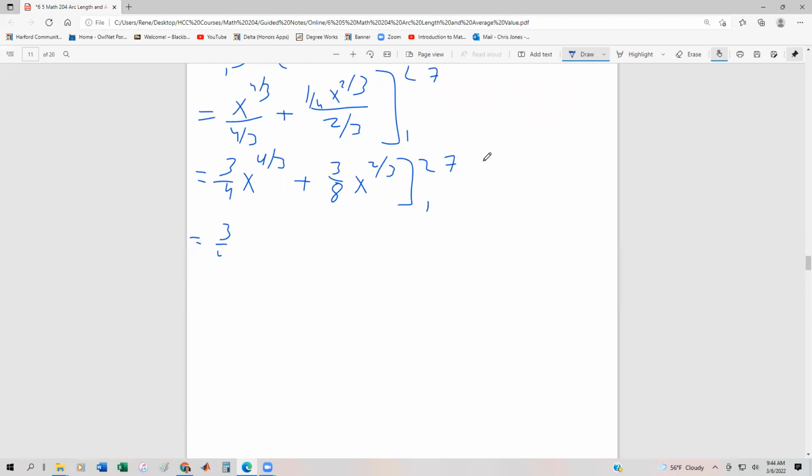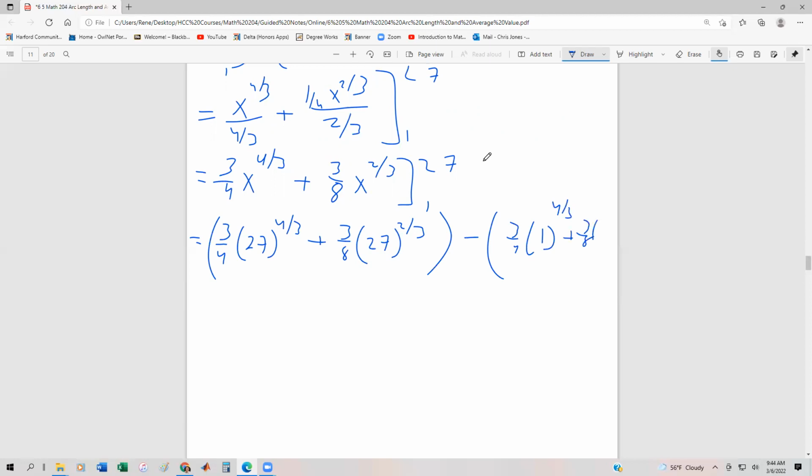So we get 3/4 times 27 to the 4/3 power plus 3/8, 27 to the 2/3 power, minus, and this one's easier, 1 to the 4/3 and then 3/8, 1 to the 2/3. All right, so just able to squeeze that in.